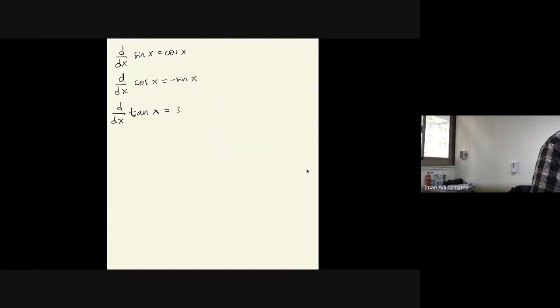Similarly, you will find this is secant squared x, and then secant x times secant x tangent x. There's also another, like cosecant, 1 over sine, right? And cotangent, 1 over tangent.